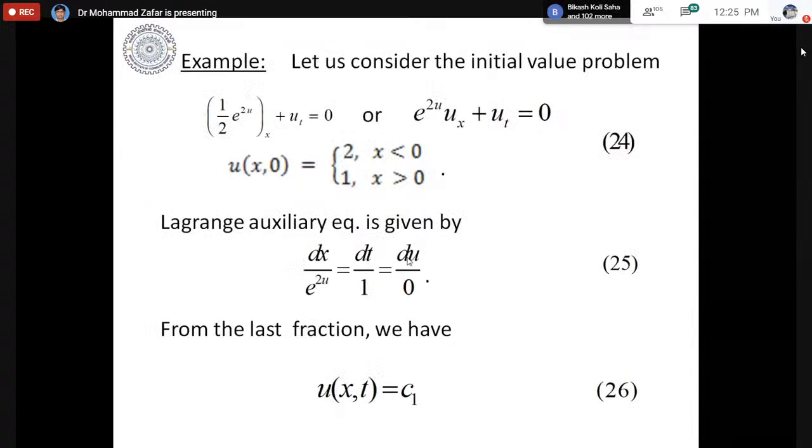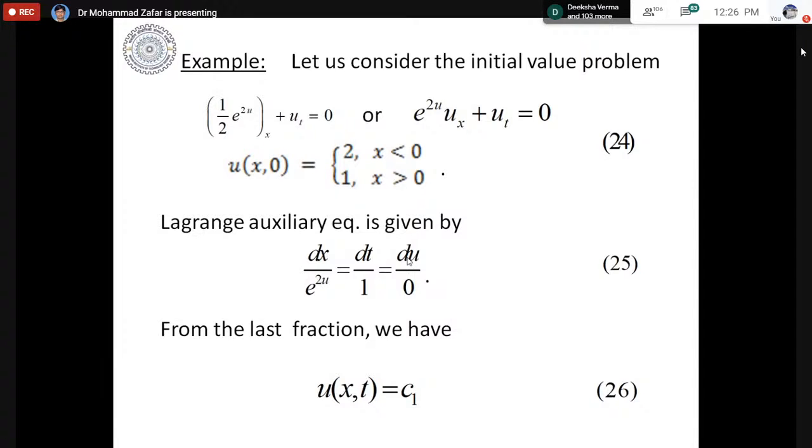Let us see a very nice example to explain the shock here. So let us consider the initial value problem u_t + (1/2 e^{2u}) u_x = 0, or u_t + e^{2u} u_x = 0. Consider this PDE.